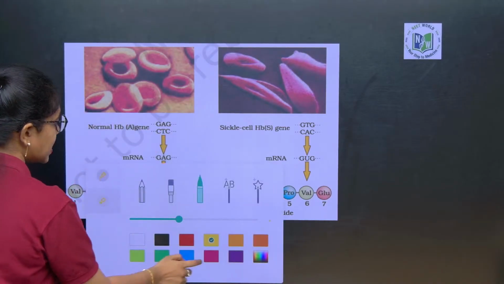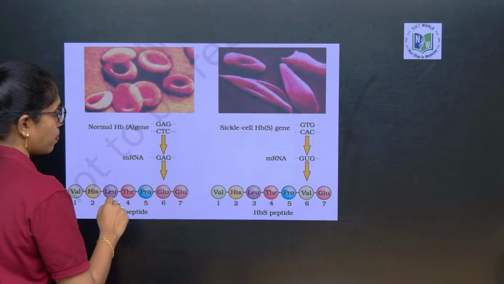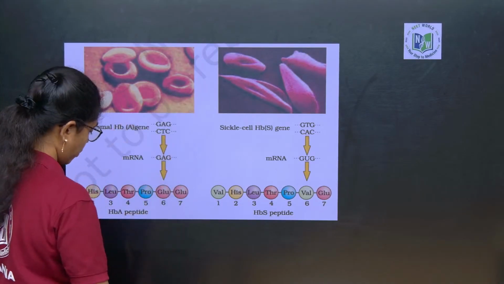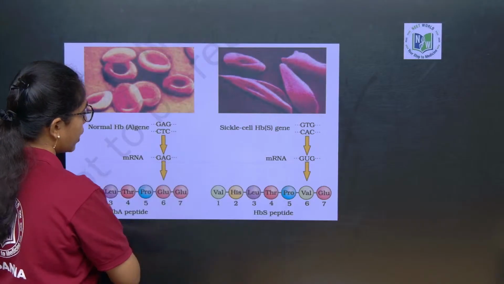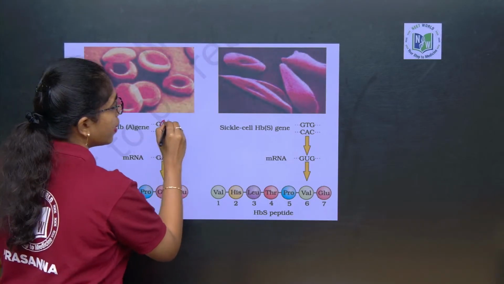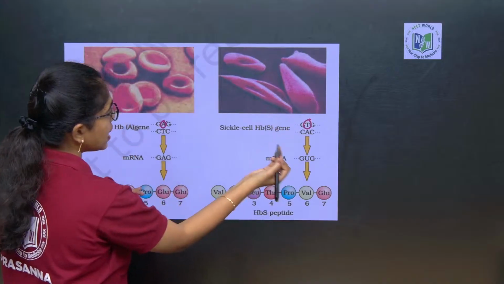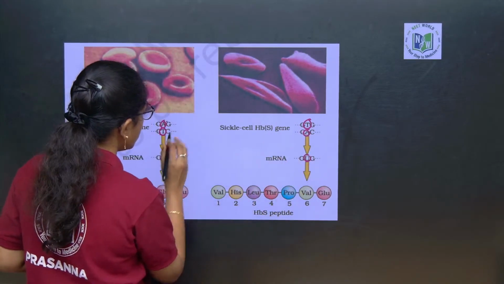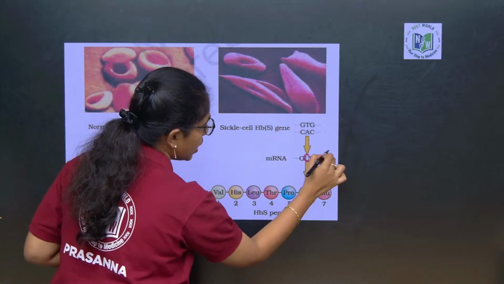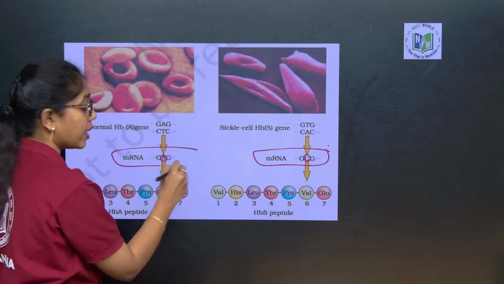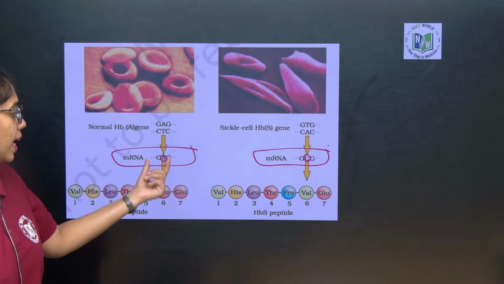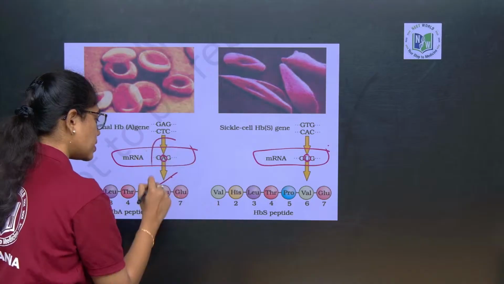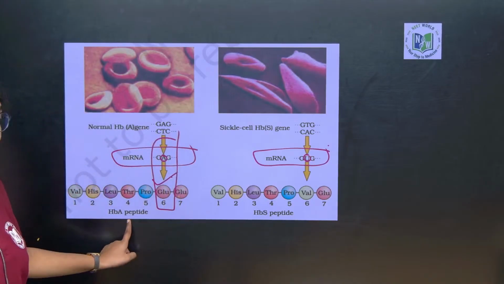At the place of A in GAG, you can find T. Accordingly, in the mRNA for translation, GAG becomes GUG. GAG codes for glutamic acid, the 6th amino acid of the beta globin chain of HbA protein.